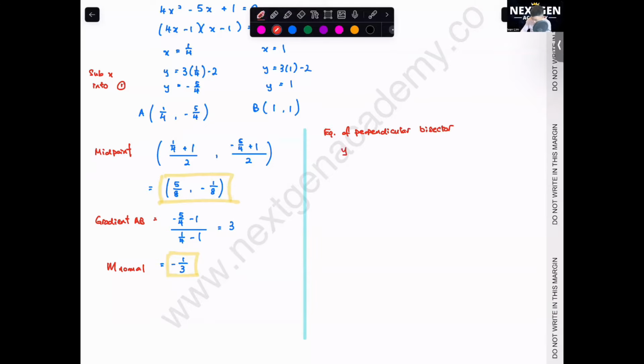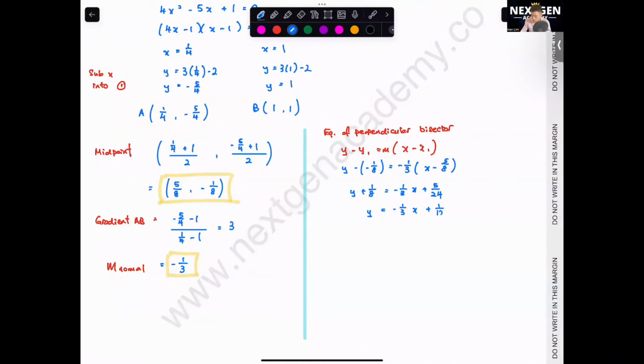Okay, y minus y1 equals m(x minus x1). y minus 1 over 8 equals negative 1 over 3 bracket x minus 5 over 8. Okay, simplify this whole thing. Expand the bracket. Plus 5 over 24. Okay, actually, if you leave it over here, it's okay already. It's just personal preference. I like to write it in y equals mx plus c. But if you don't prefer to write this, it's also totally fine. Okay, so this will be your equation of the perpendicular bisector.